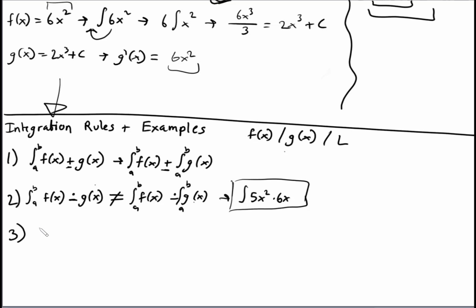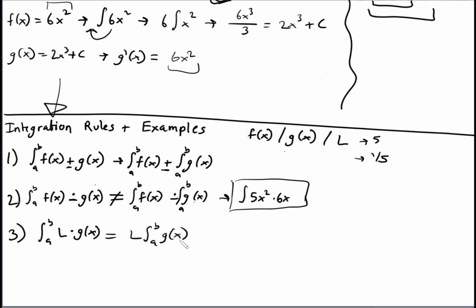Another rule we'll cover is if you have an integral of some function multiplied or divided by a constant. So, let's say L can be either 5 or L can be 1/5. So regardless of whether it's being multiplied or divided, you can rewrite this integral as that constant times the integral of the function itself.